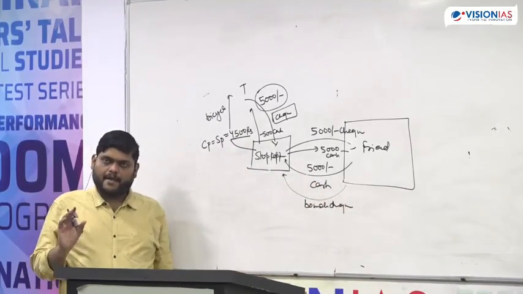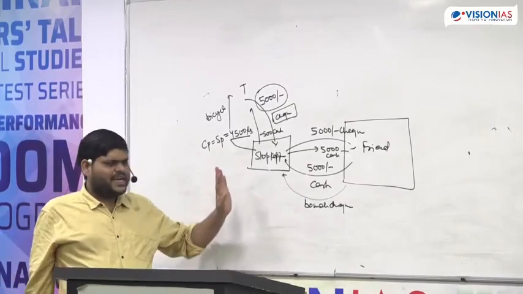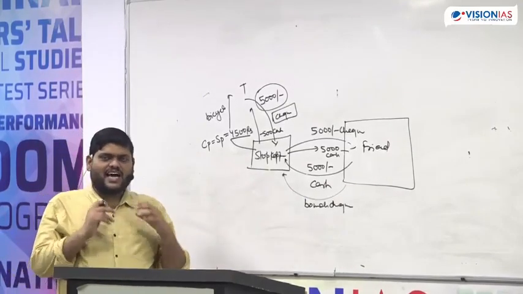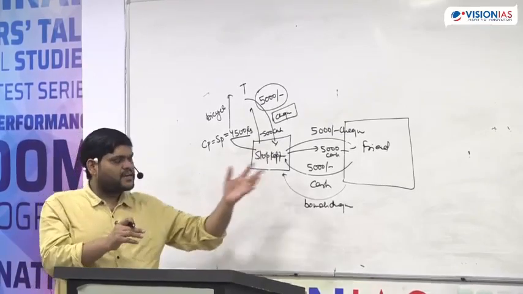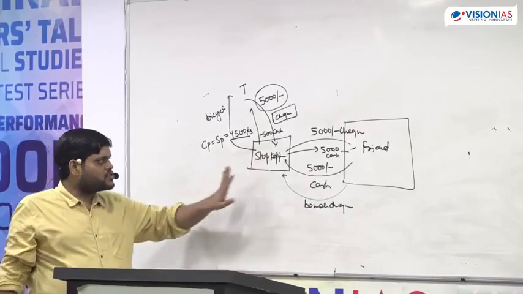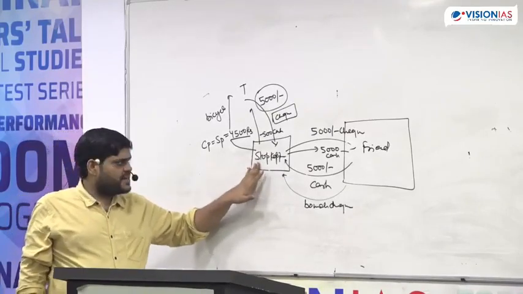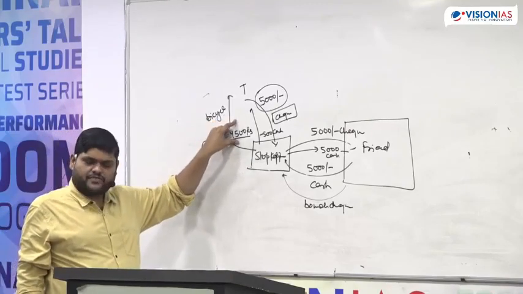Okay, I am repeating the whole process. Listen carefully. It's very simple. Since I have to make it look complicated, that's why I have made it complicated. Otherwise the solution is very simple. What is the question? The cost price and selling price of the bicycle is 4,500 rupees.